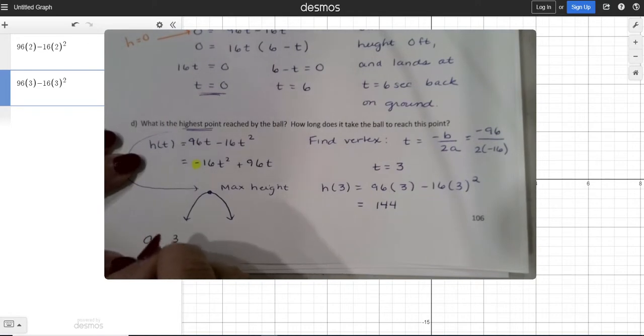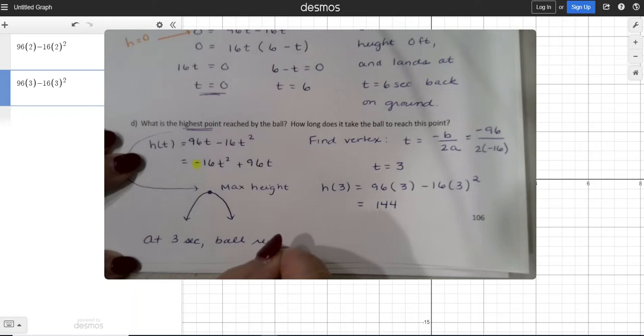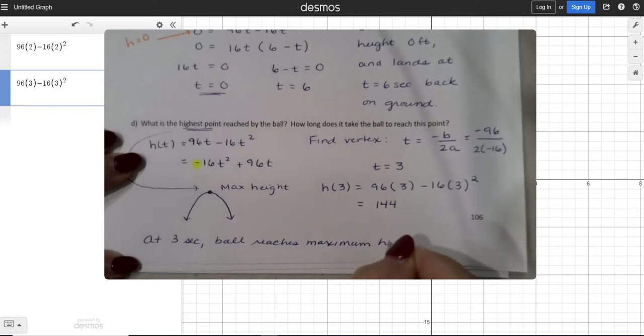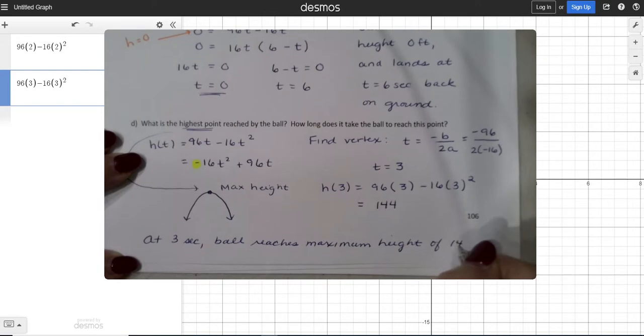So at 3 seconds, the ball reaches its maximum height of 144 feet.